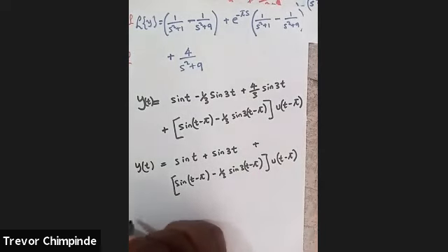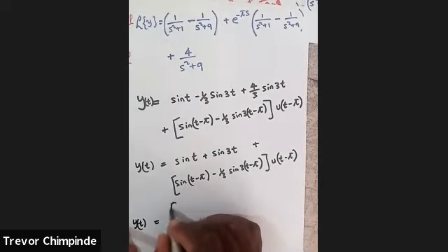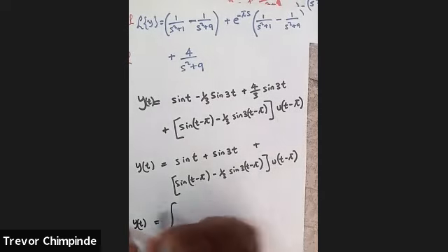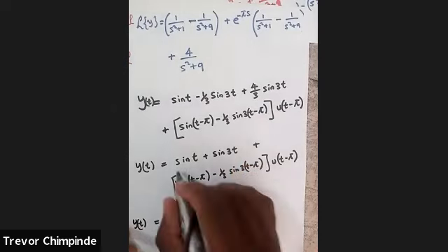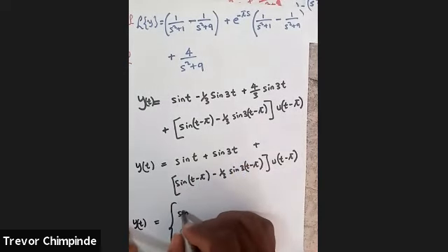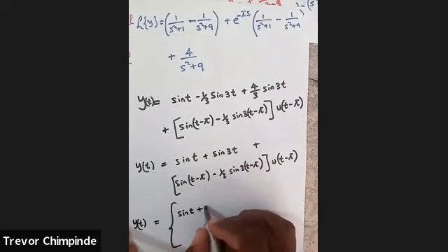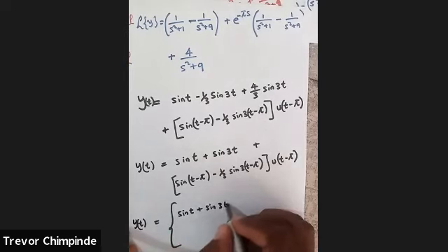If somebody asks you to write this without the unit step function, then it's going to look like this. So it's going to be in 2 intervals. The first part has sine t plus sine 3t.